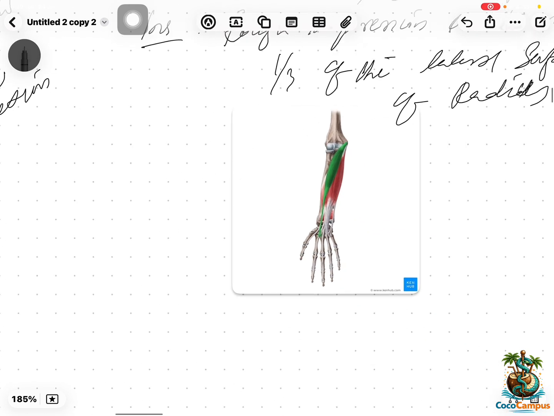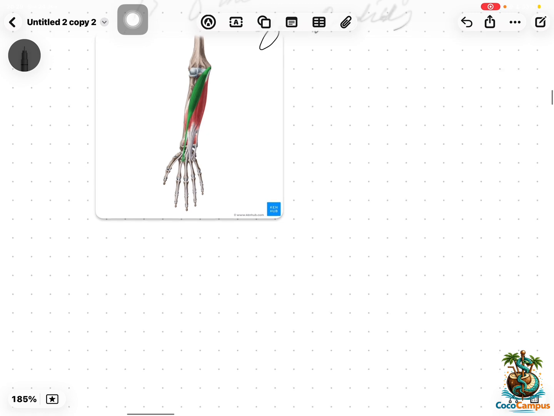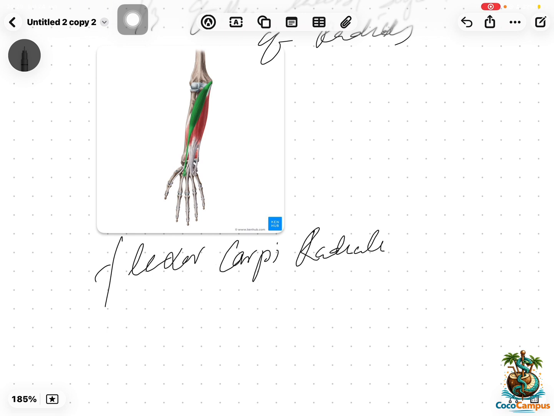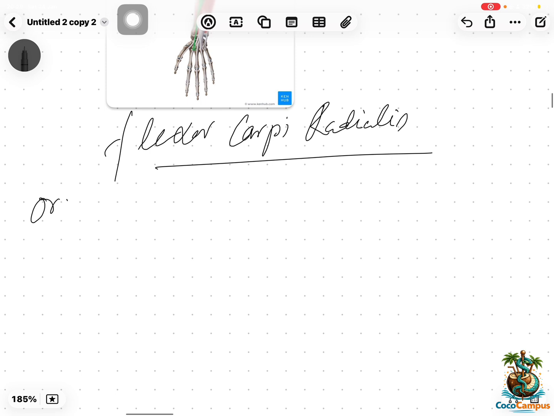Now, let us go on towards our next muscle, the flexor carpi radialis. Let us look at the origin. It's the medial epicondyle via the common flexor origin.